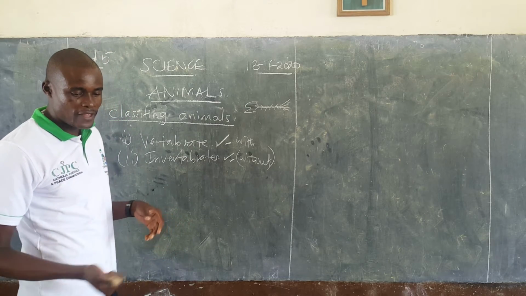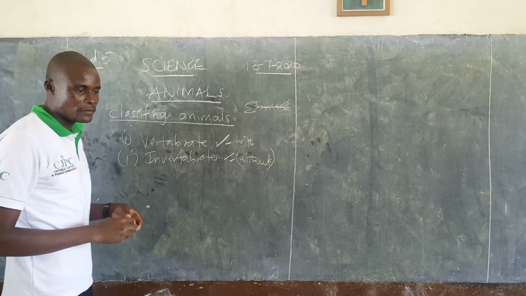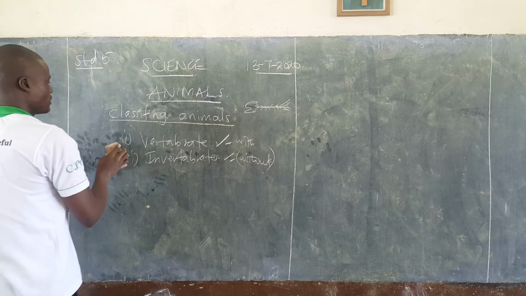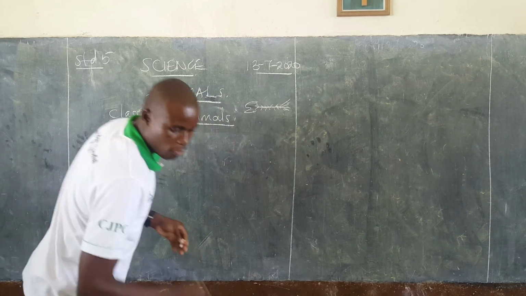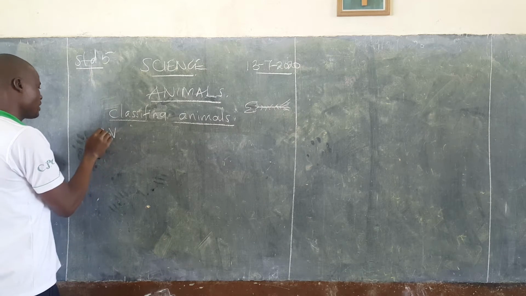Vertebrates are further classified into 2 groups according to their body temperature. Namely, we have warm-blooded animals and cold-blooded animals. So we begin with the vertebrates, that is number 1.